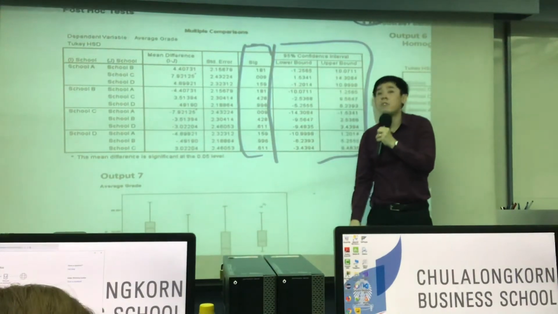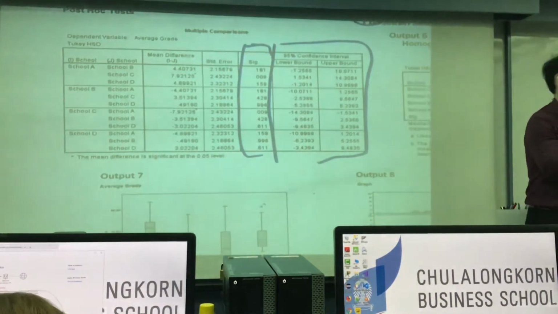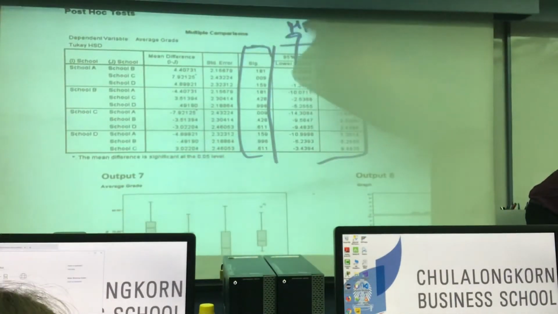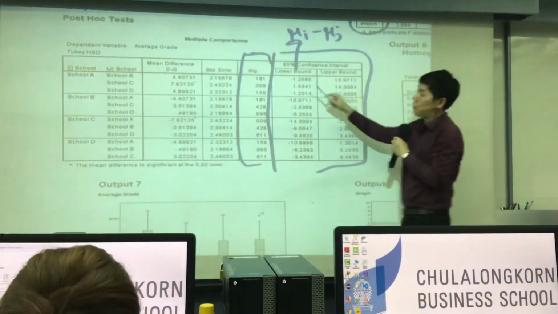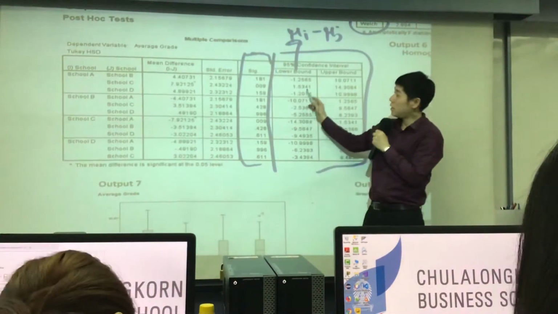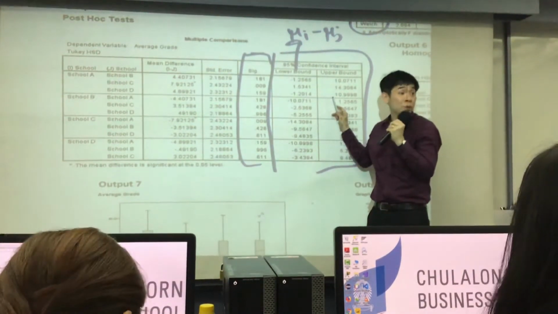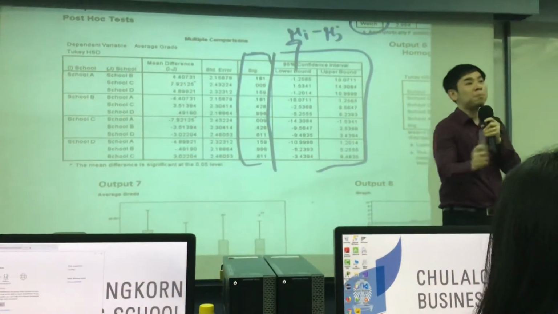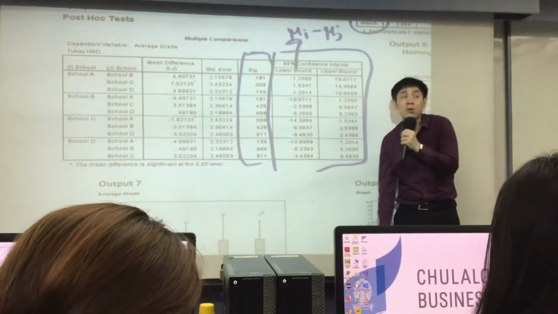We have the confidence interval. Before you use a confidence interval, ask yourself what this interval is for. It turns out that this one is actually for mu i minus mu j. Right now i is A and j is B. The second one is A minus C. The third one is A minus D. If a pair is not different, the interval is supposed to include 0.